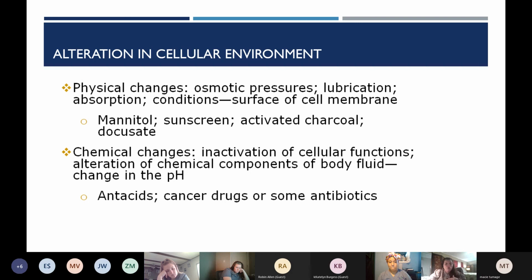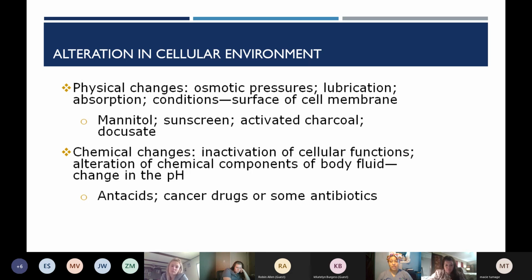Meds can also cause chemical changes, which means they inactivate cellular functions, they alter the chemical components of body fluid, or they change the pH. So the stomach, is it acidic or is it alkaline? Acidic. Yes, the stomach is acidic. So if we are giving an antacid, what kind of chemical change are we causing?